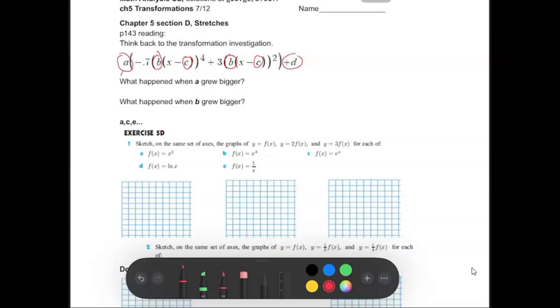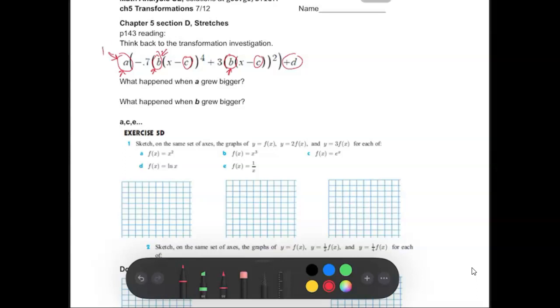Remember, the a values and the b values, since they're multiplication, are related to stretching and compressing. And remember that outside the parentheses, it's going to be vertical, and inside the parentheses, it's going to be horizontal.